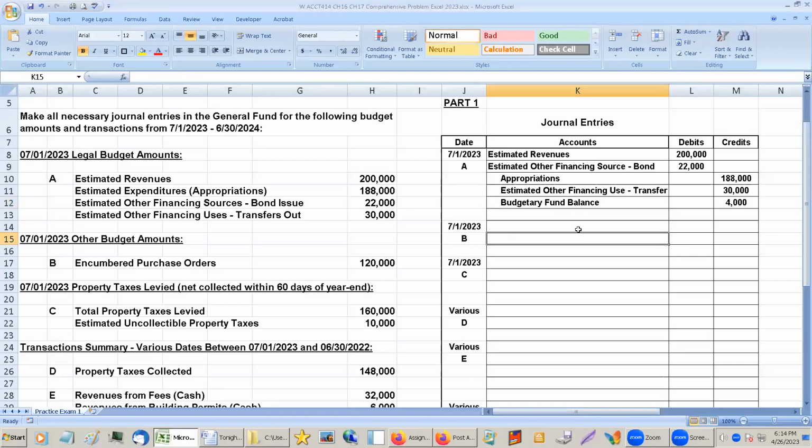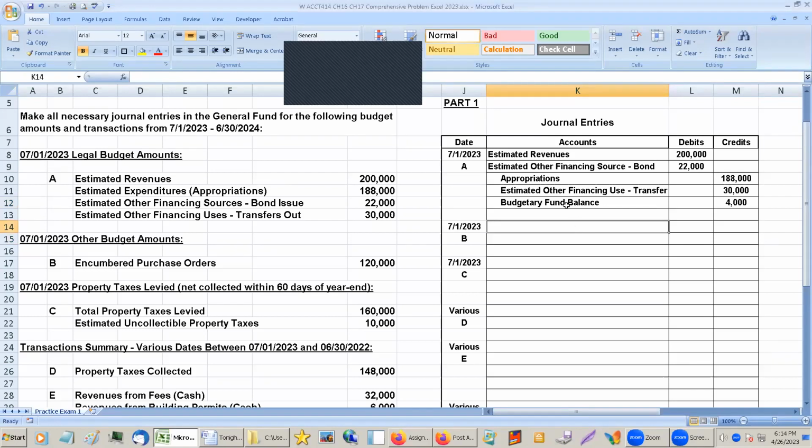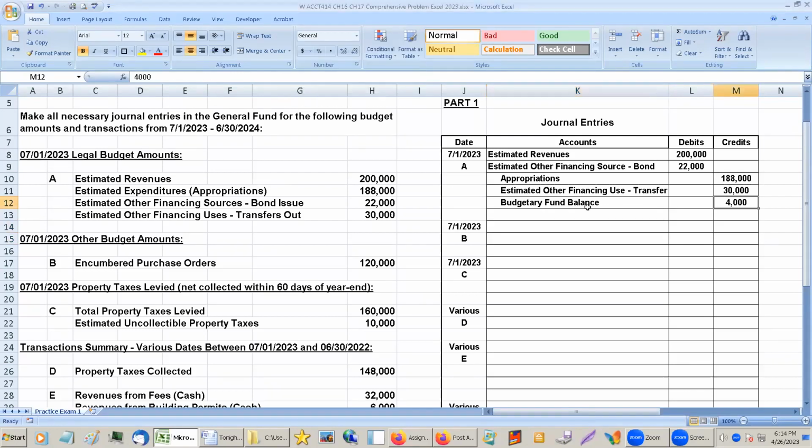But the CPA exam has no sense of humor about that. You have to put it on as a budgetary fund balance and then take it off as a budgetary fund balance. But you will find places that just put it right into fund balance and say, okay, if everything goes as planned, this is what we're going to have in there.